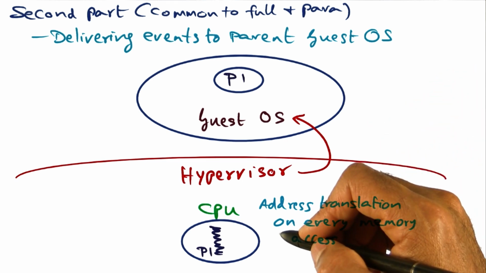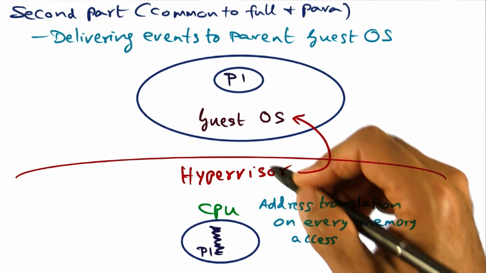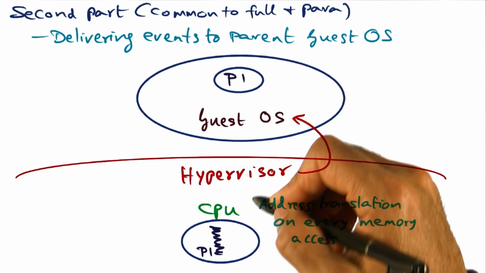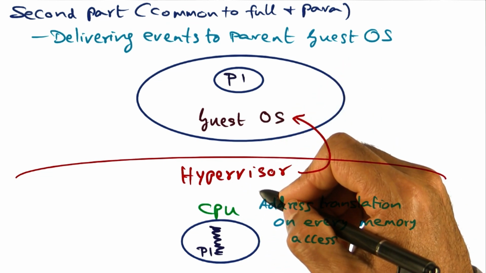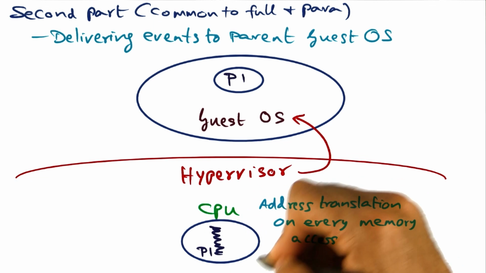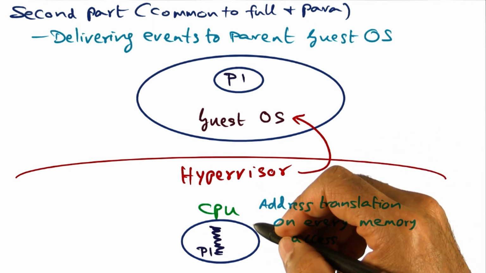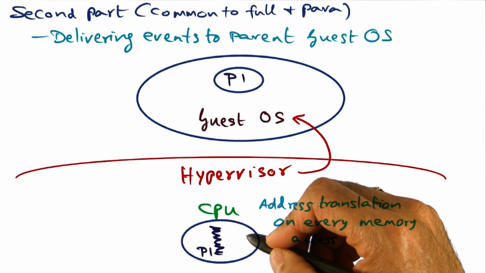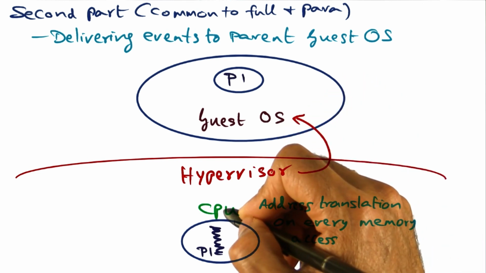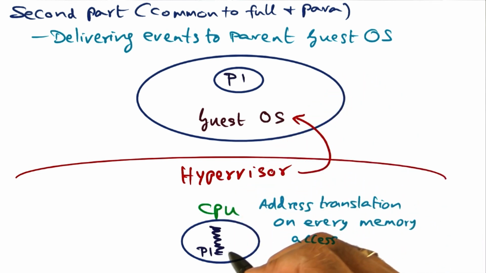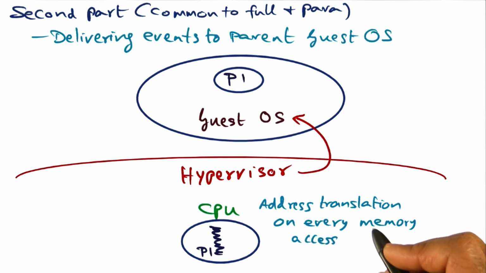And in a para-virtualized environment, once again, with cooperation between the guest and the hypervisor, we can ensure that the page table that is used for translating virtual address to physical address has been installed on behalf of the guest operating system by the hypervisor so that the translation can happen at hardware speeds.